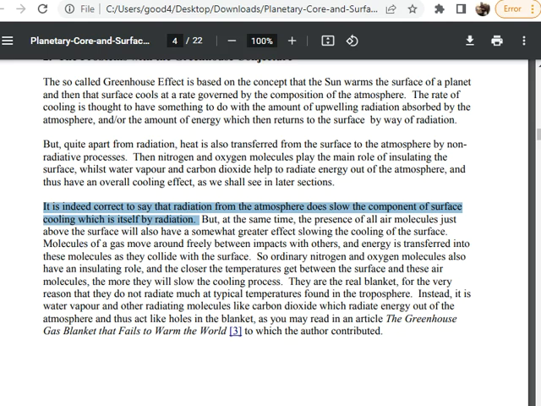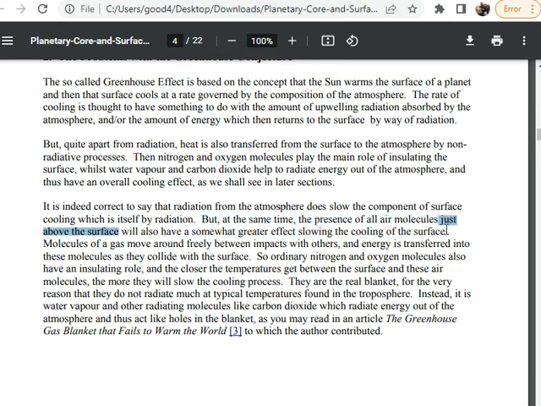I think it's saying that some of the radiation from the atmosphere does go downward towards the surface, which slows the cooling. And he says, but at the same time, the presence of all air molecules just above the surface will also have a somewhat greater effect, slowing the cooling of the surface.